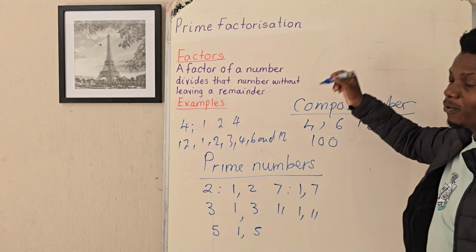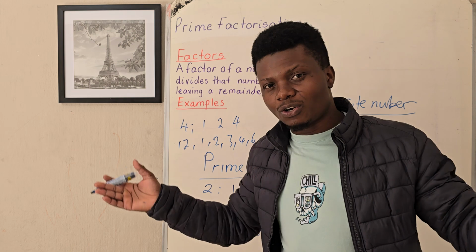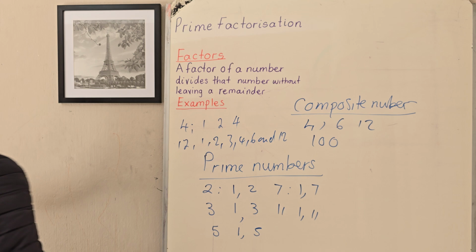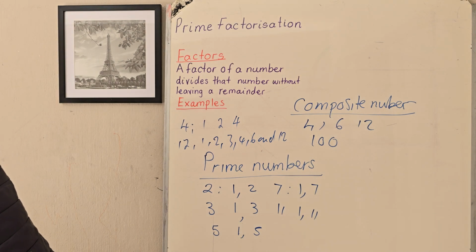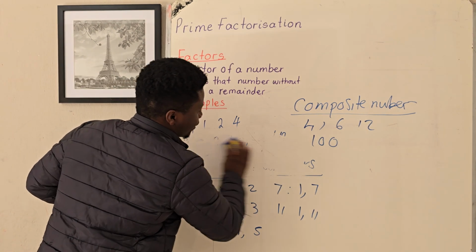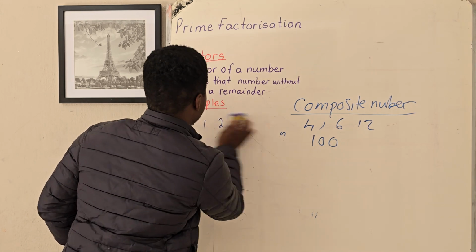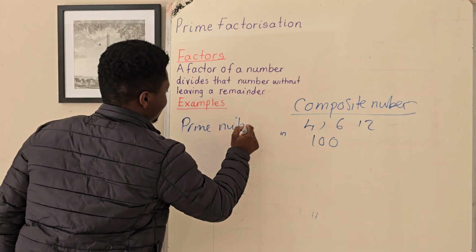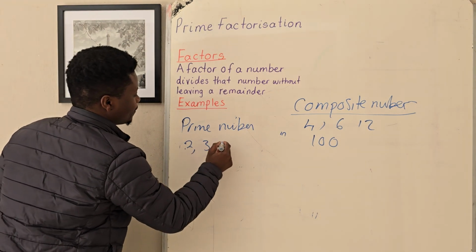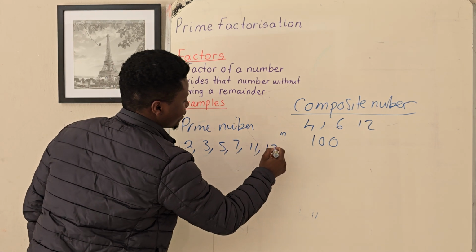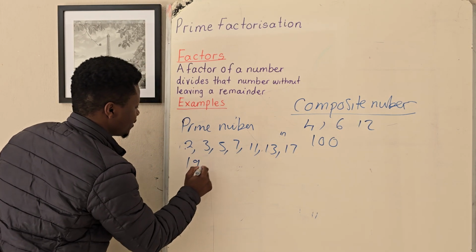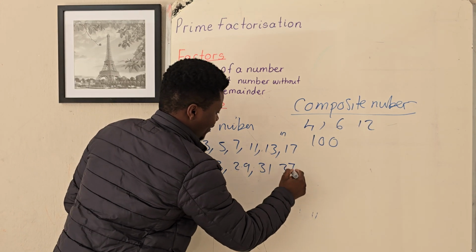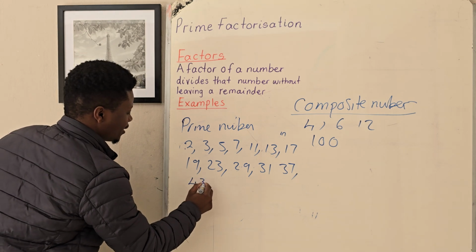Here is a list of the prime numbers that we're going to be using, not all of them. One is not a prime number. So we have 2, 3, 5, 7, 11, 13, 17, 19, 23, 29, 31, 37, 43, and it goes on.